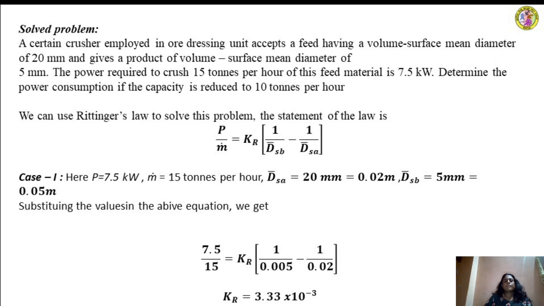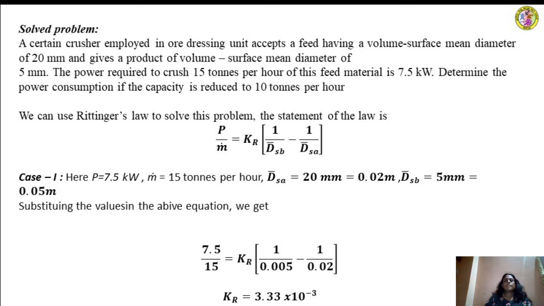Then the feed rate to the machine is also given. It is 15 tons per hour. And also the power that is required to get this size reduction done on 15 tons per hour of material is also given. It is 7.5 kilowatts.